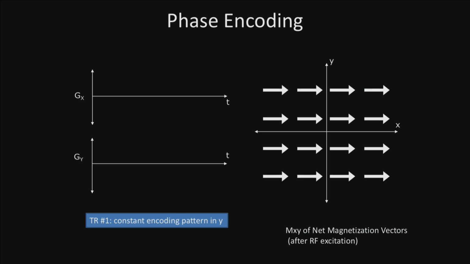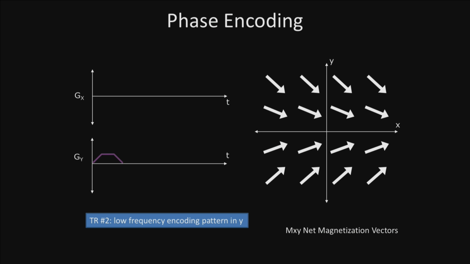So briefly, the concept of phase encoding is, in this example, I'm going to add on this Y gradient in different steps. And we're going to do this between different TRs of our experiment and accumulate several measurements that are going to give us information about our Y position. So say, in this example, in the first TR, we apply no gradient pulse on the Y-axis. Then in our next TR, we'd add some basically low frequency, so you have a slowly varying phase as a function of the Y position that's been created by this small gradient pulse here.